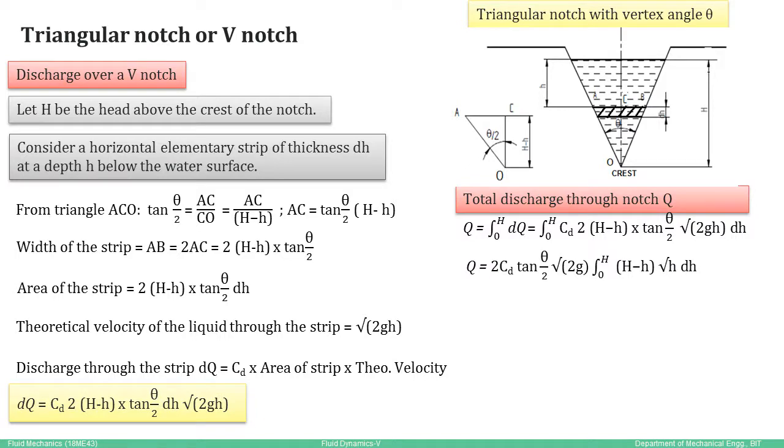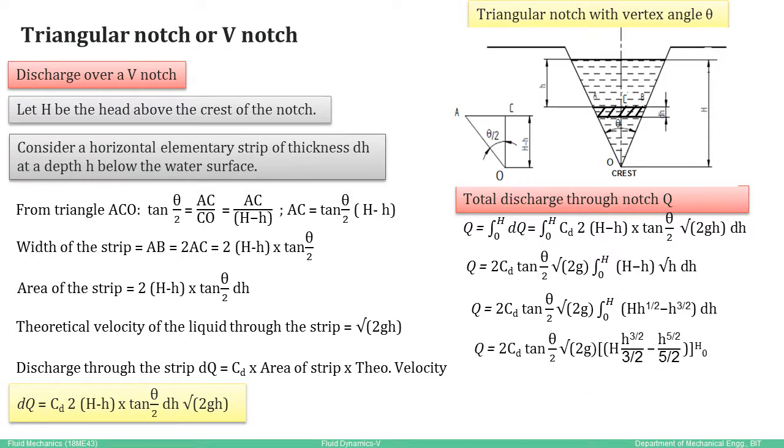Rearranging the constant terms outside, 2 Cd tan theta by 2 root of 2g. And then we have a separate integral of (H minus h) into root of h into dh. Taking the steps one by one, taking root of h inside the brackets, we have capital H multiplied by h to the power half minus h to the power 3 by 2 dh.